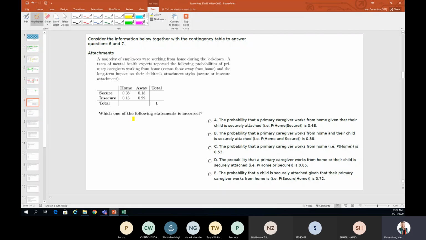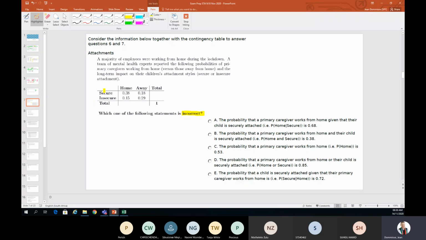Okay, which one of the following statements is incorrect? They give you probabilities here. The majority of employees are working from home during lockdown. A team of mental health experts reported the following probabilities of primary caregivers working from home versus away from home, and feeling secure or insecure.